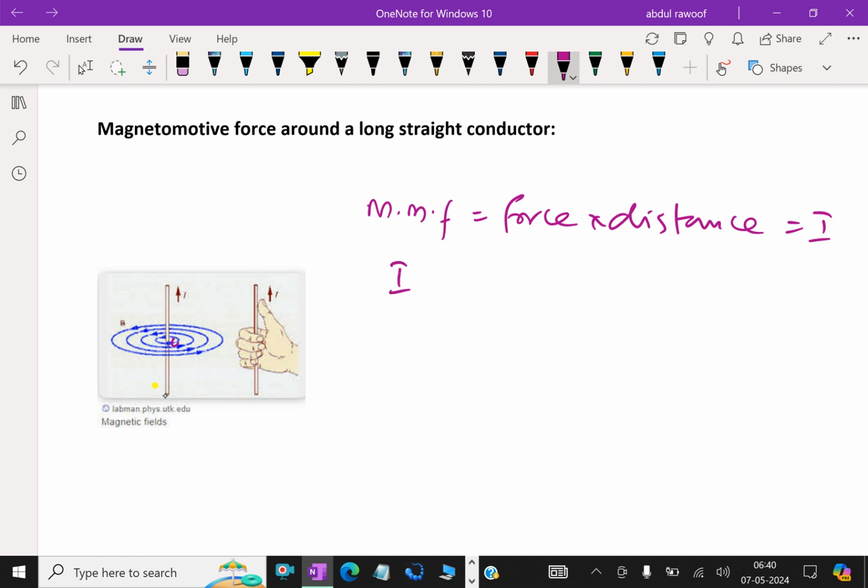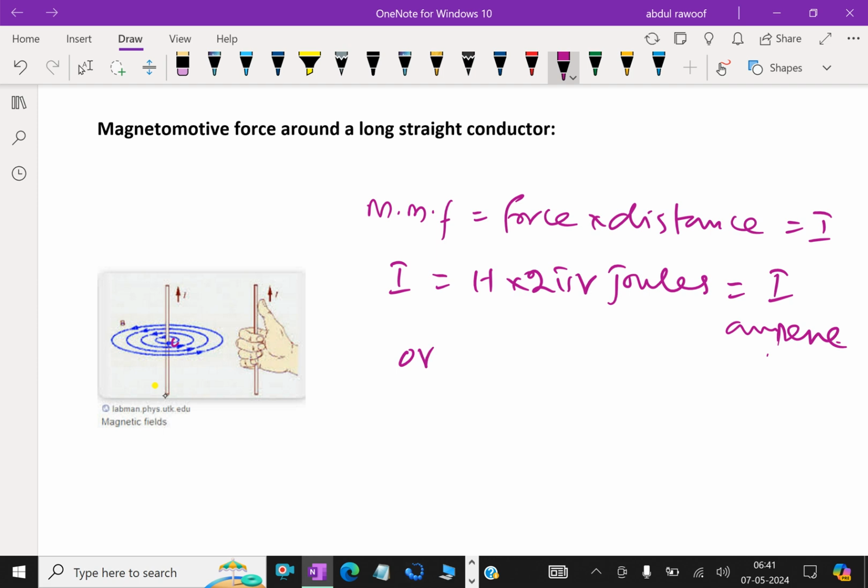Therefore, H into 2 pi r, the circular distance, in joules, is equal to I amperes.